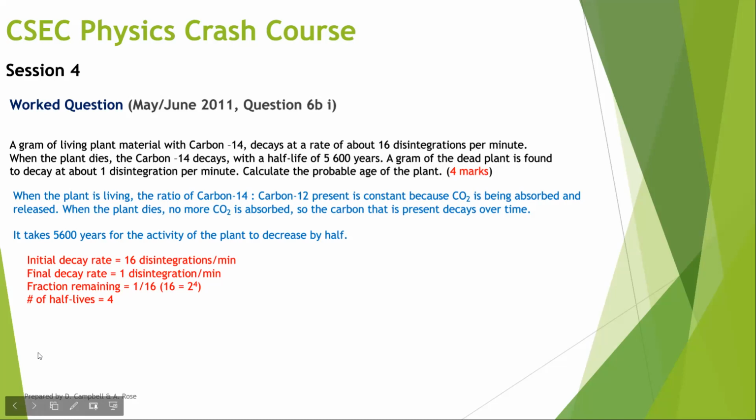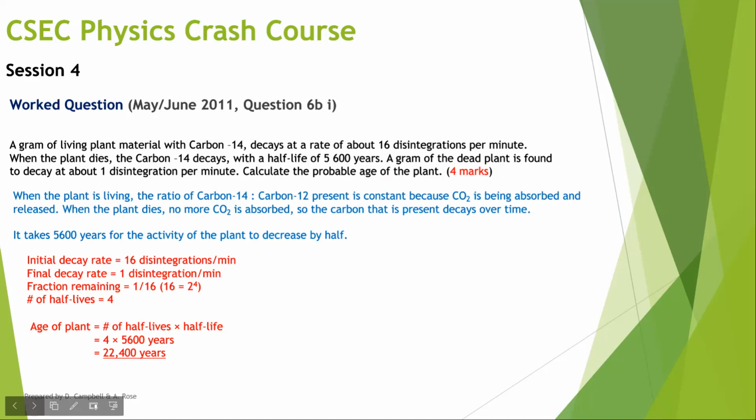So if we know that 4 half-lives have passed, then we can determine the age of the plant by multiplying the half-life by the number of half-lives which have taken place. So it's 4 half-lives, and we multiply that by 5,600, and that's 22,400 years. Okay.